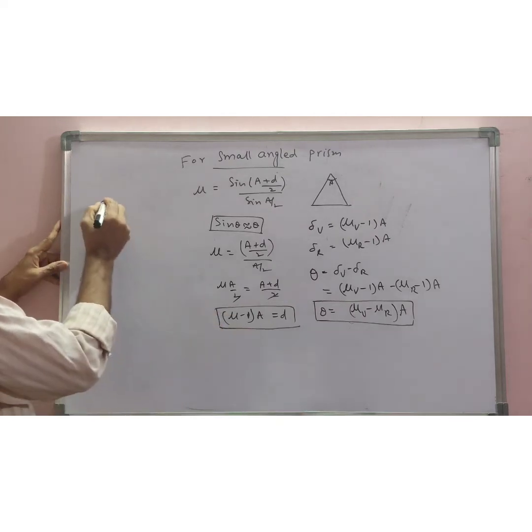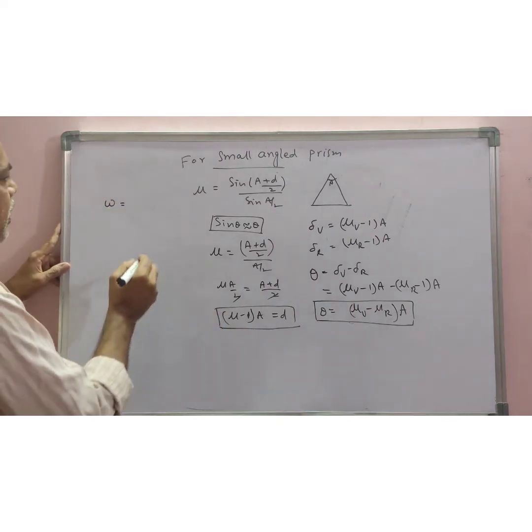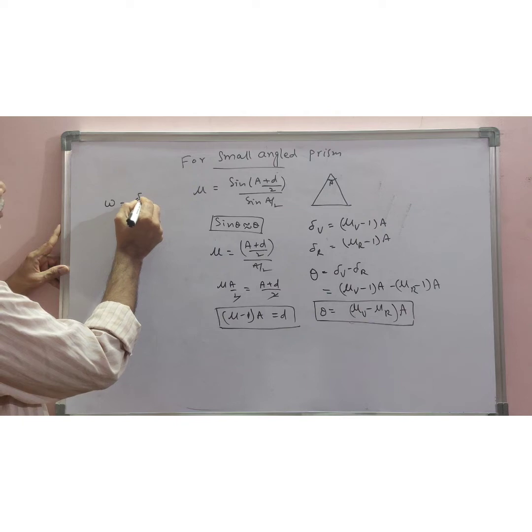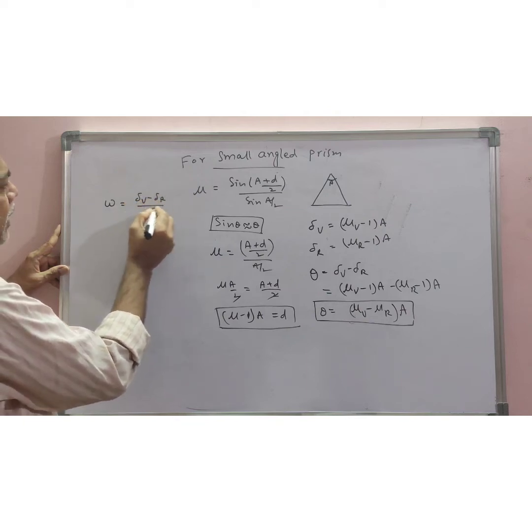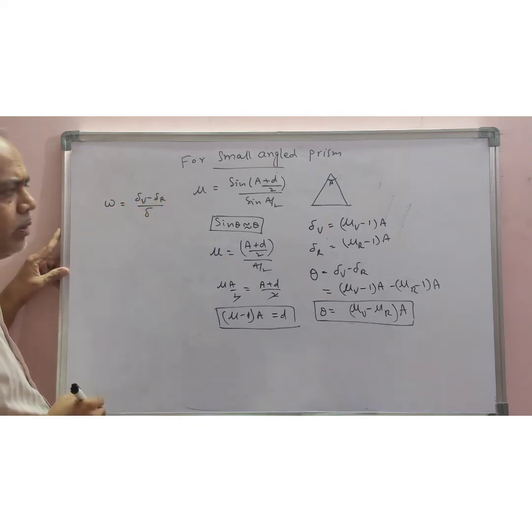Dispersive power ω is equal to (δV minus δR) by the mean deviation of these two colors.